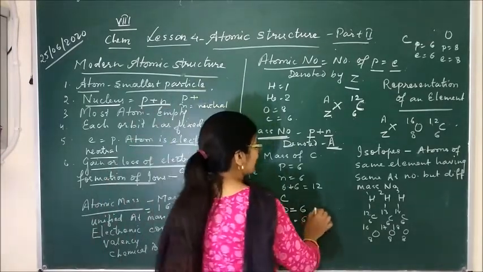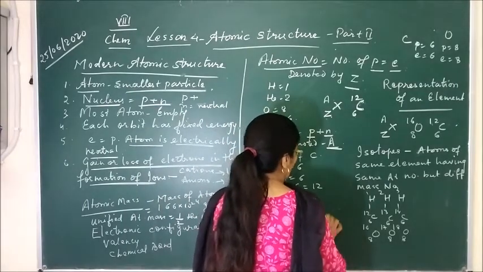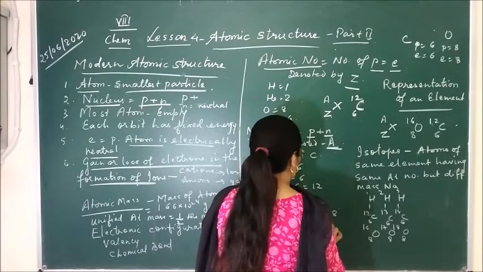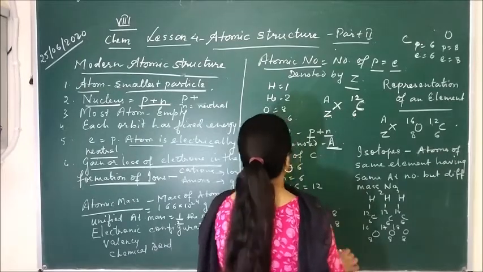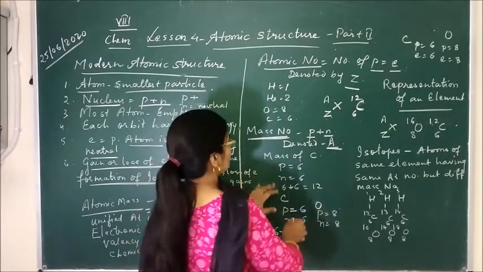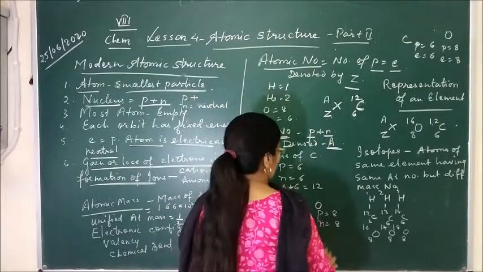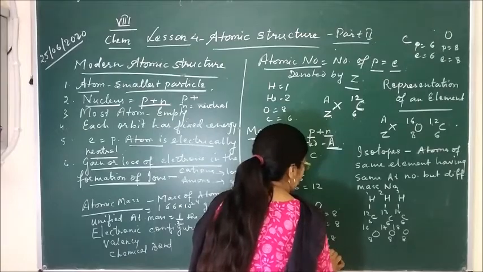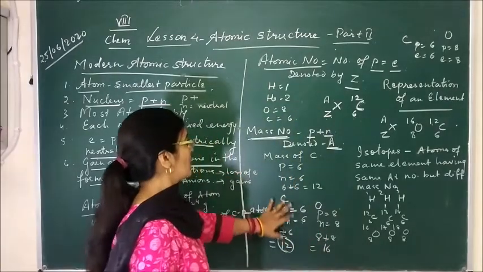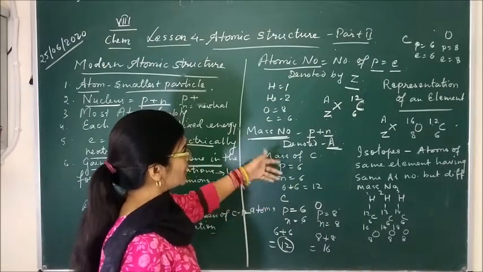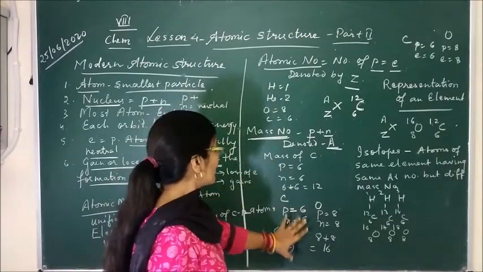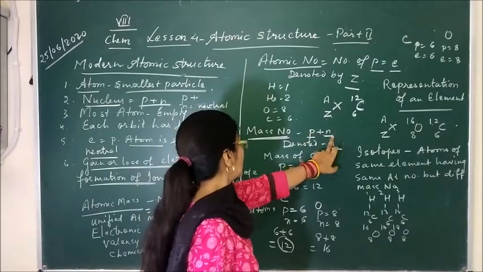In the same way, if we take the example of oxygen, oxygen has 8 protons and 8 neutrons. So to calculate the mass number, we have to total P plus N, 8 plus 8 is equal to 16. So 16 will be the mass number of the oxygen atom. We can derive the mass number of any element if we know the number of protons and neutrons.